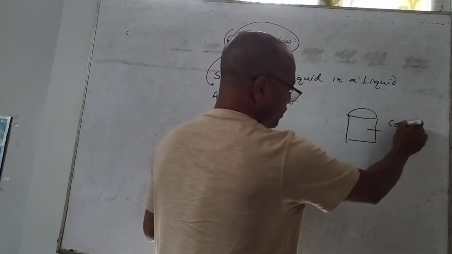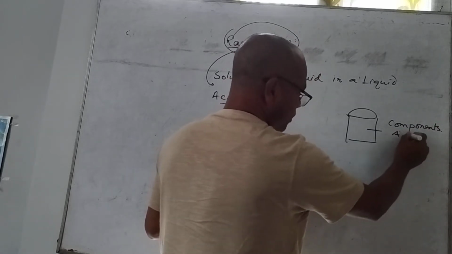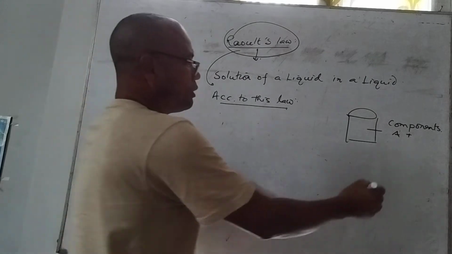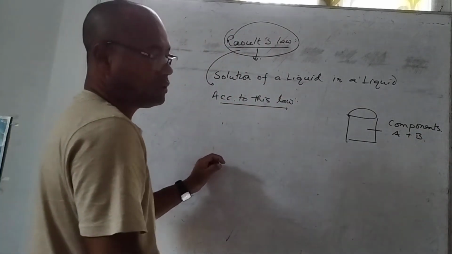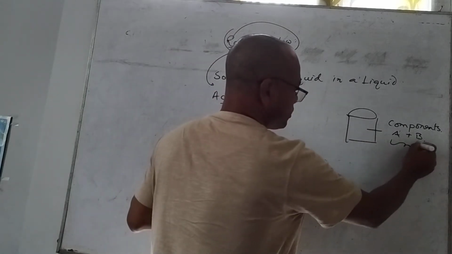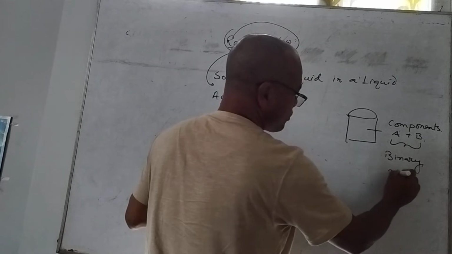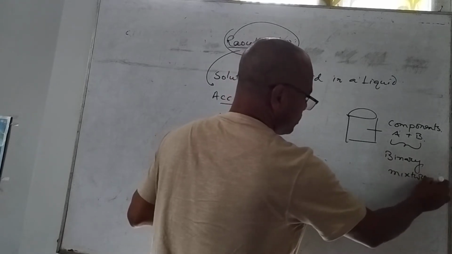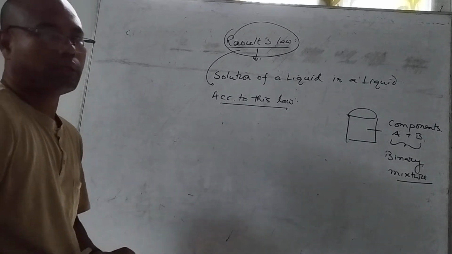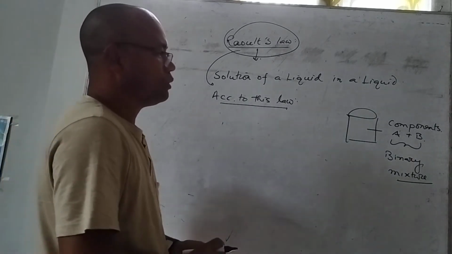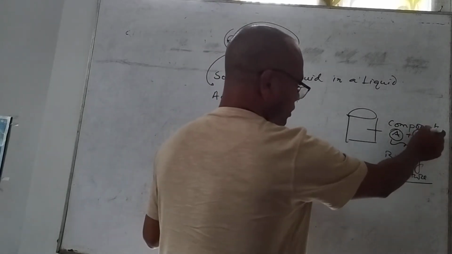One of the components I write as A, another component is B. This mixture is what we call a binary mixture. So in our solution containing the two components A and B, one component is A, another component is B, right?